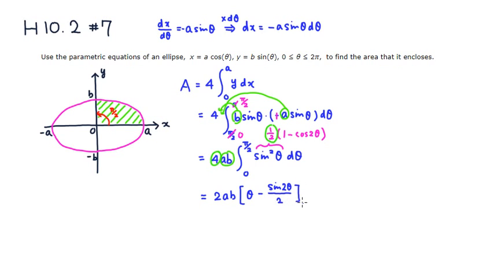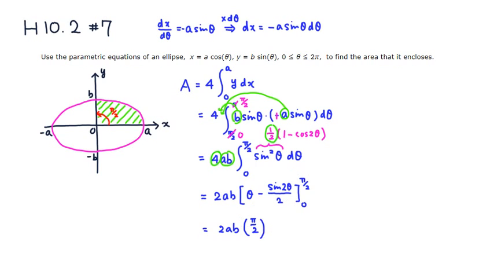This is going from 0 to pi over 2, with 2ab sitting there. We plug in pi over 2, so you have pi over 2, minus sine of pi over 2 times 2, which is sine of pi, which is 0, so I'm not going to write that down. And minus, if you plug in 0, theta is 0 and sine of 0 is 0, so everything else is 0.